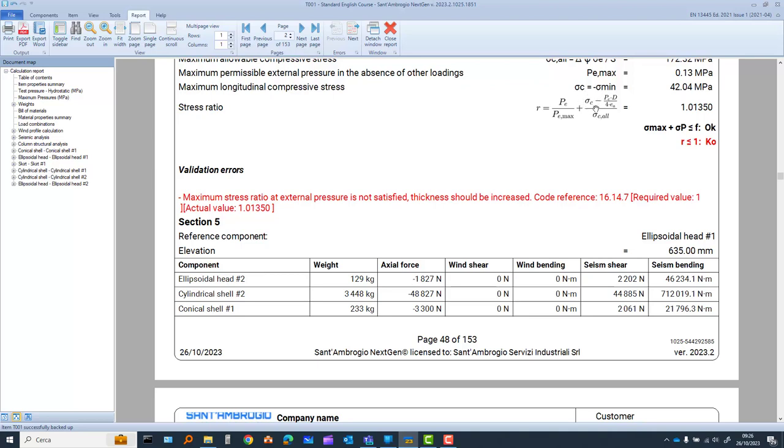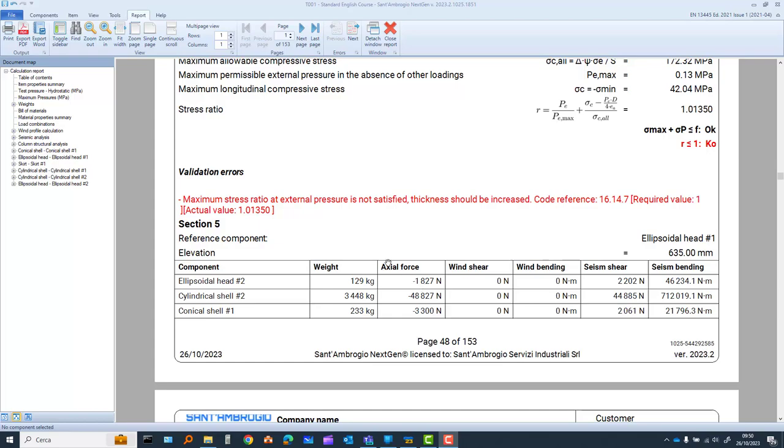If you consider the compressive stress sigma c, and you detract from this compressive stress the stress which has been already caused by the pressure, the ratio of these two effects, external pressure divided by maximum allowable external pressure, plus compressive stress on the allowable compressive stress, having taken out the part of the stress which has already been considered in this ratio, well, if the sum of these two factors is greater than 1, the buckling condition exists. You have to decrease one of these terms by increasing the thickness.